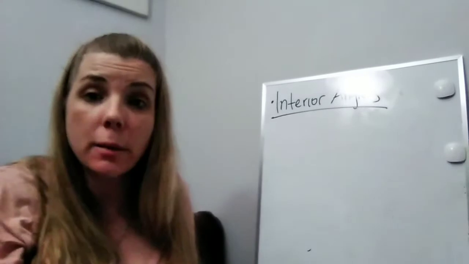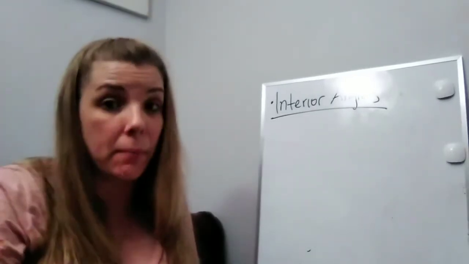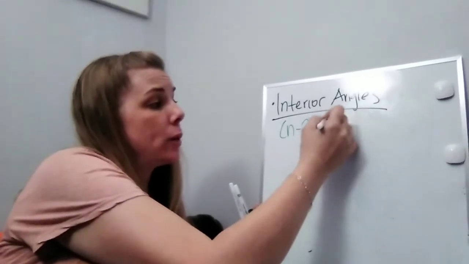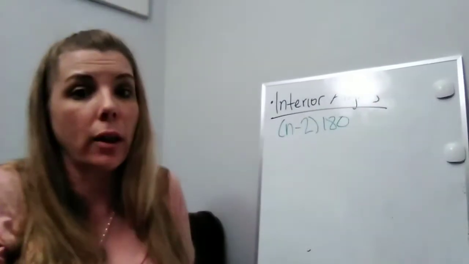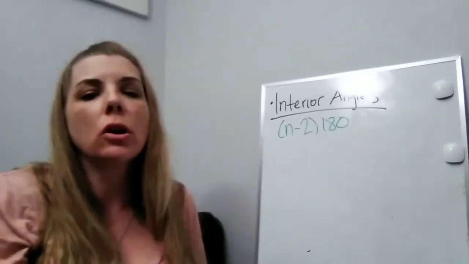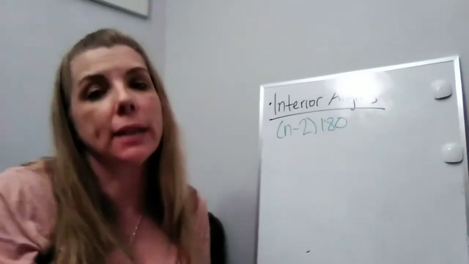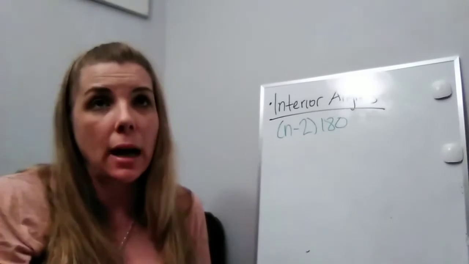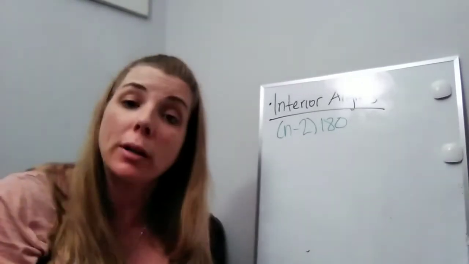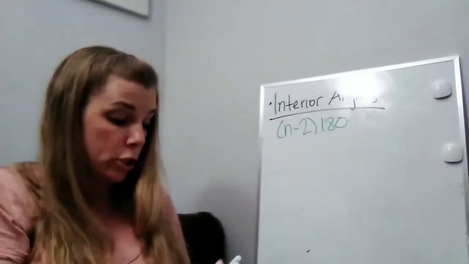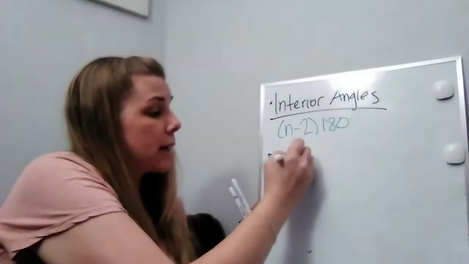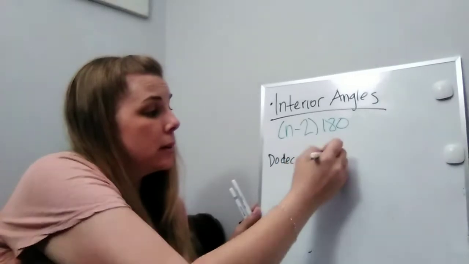Okay, like I said before, the formula is n minus 2 times 180. N minus 2 times 180. You're going to use that formula for a lot of things. So let's try a dodecagon. Dodecagon has how many sides? We look at the chart, it tells us we have 12 sides. So what you would do is fill in the formula for a dodecagon.